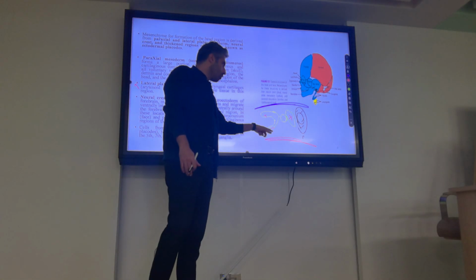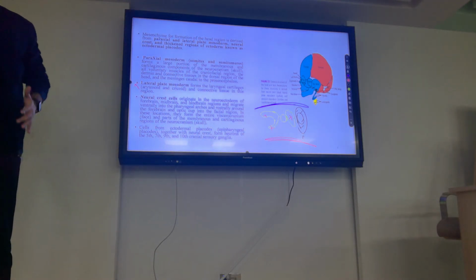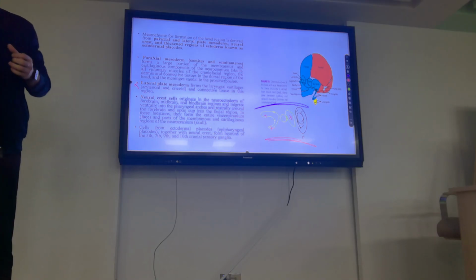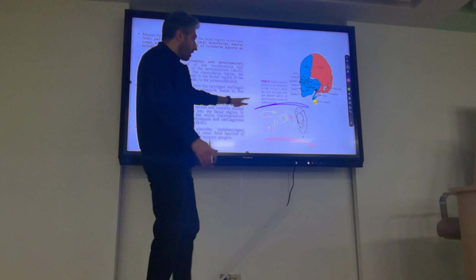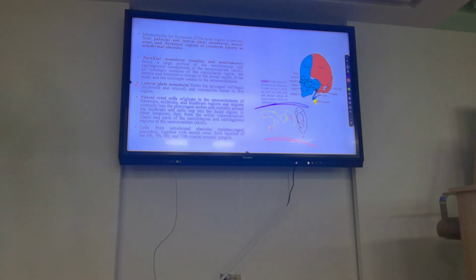I told you, usually lateral plate mesoderm makes the muscles of the body, muscles of the trunk, the outer wall of the trunk, and the outer layer. And the inner layer of the lateral mesoderm is for the layer of the organs, for example, the outer layer of the stomach, the outer layer of the intestine.